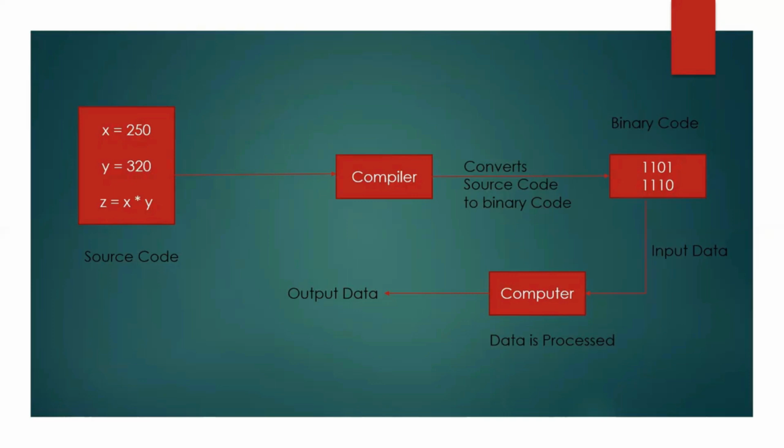The binary code is fed to the system as input data, and the system manipulates the data and gives us the output. So this is how the data given by the human is given to the compiler, the compiler converts it to binary data, and the binary code is given to the computer, which processes the data and generates the output.